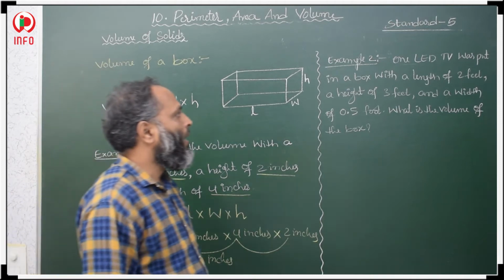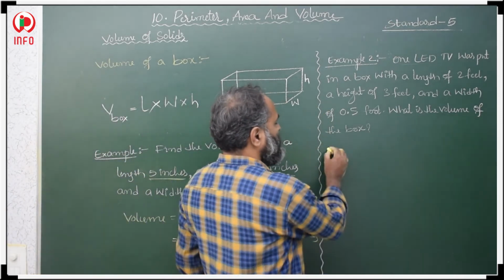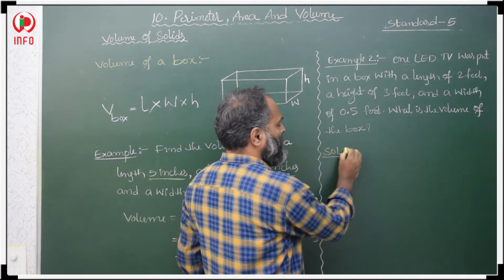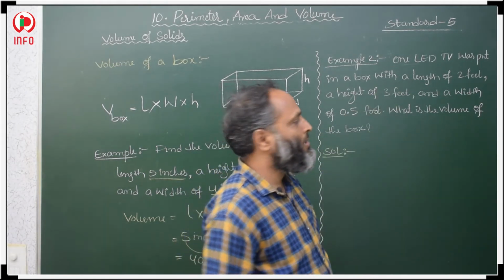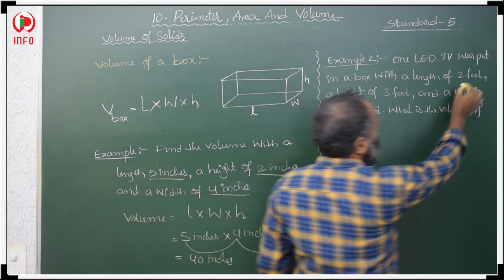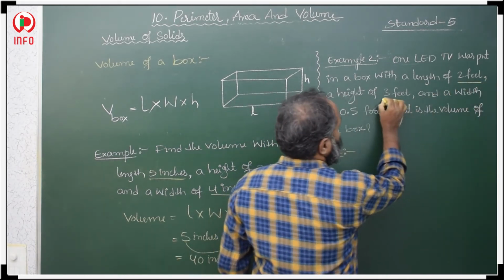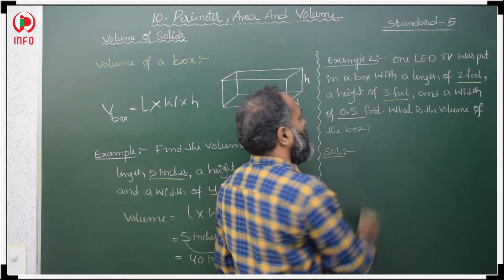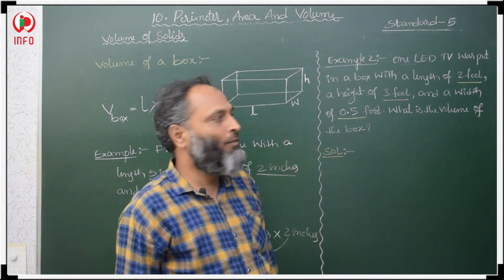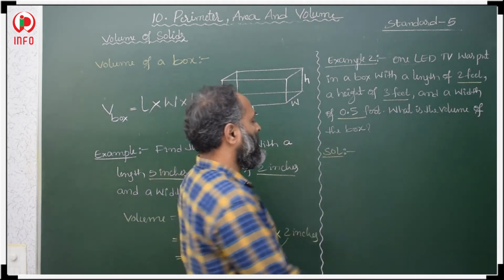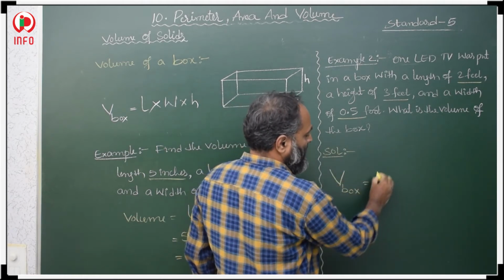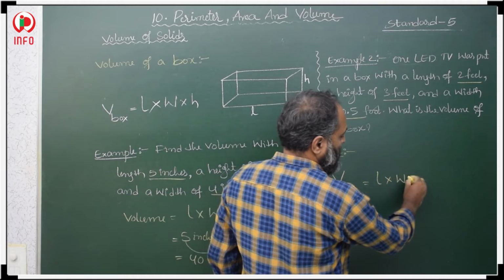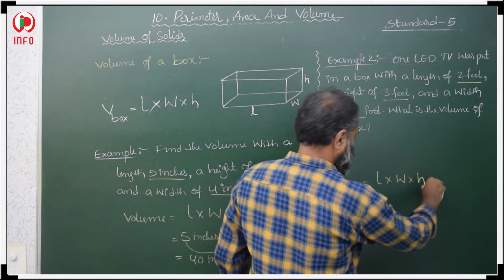Now, the second example. One LED TV was put in a box. The box length is given as 2 feet, height is given as 3 feet and width is given as 0.5 foot. Then what is the volume of the box? Volume of the box is equal to length into width into height.